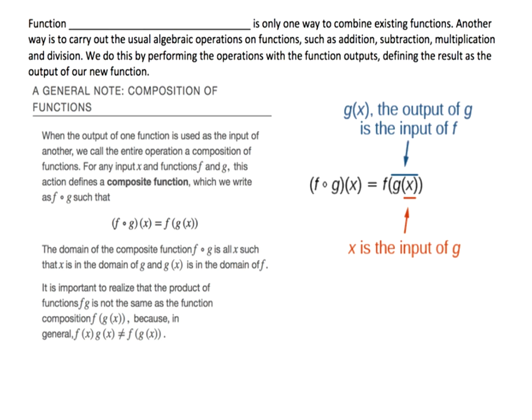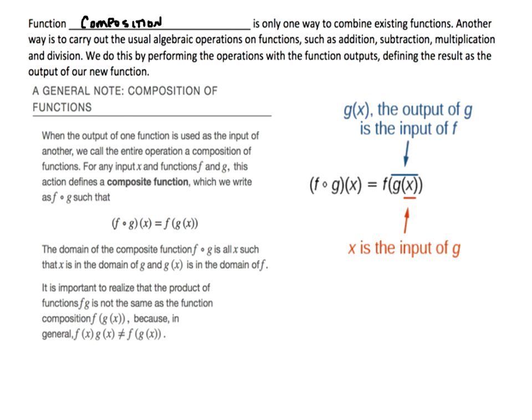Okay, so the first thing that we encounter in this section is just what is the whole idea of composing functions. Function composition is only one way to combine existing functions.